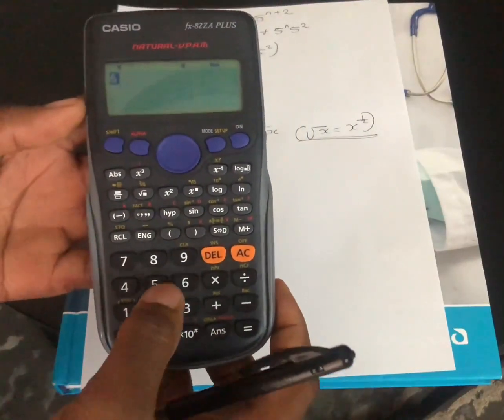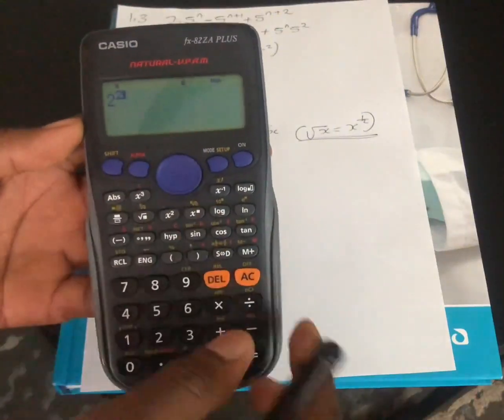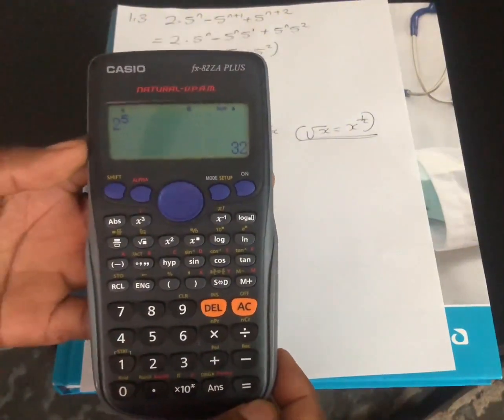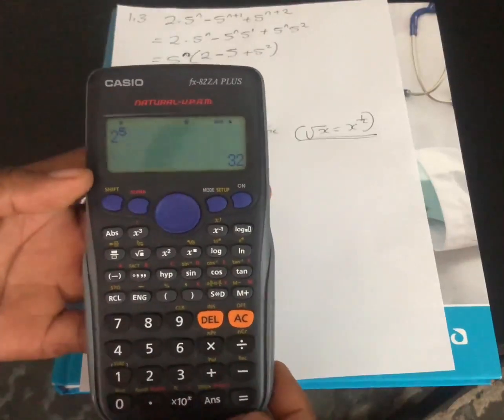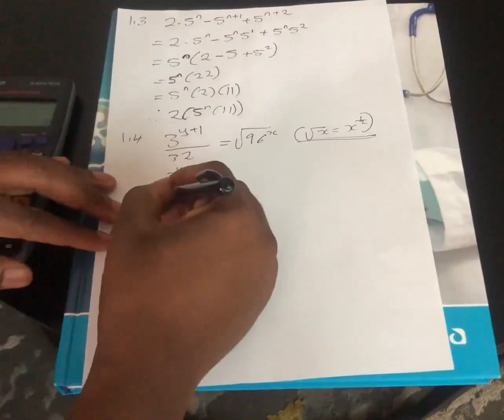We can say 2 to the power 5 is equal to 32. So let's change this 32 to become 2 to the power 5.